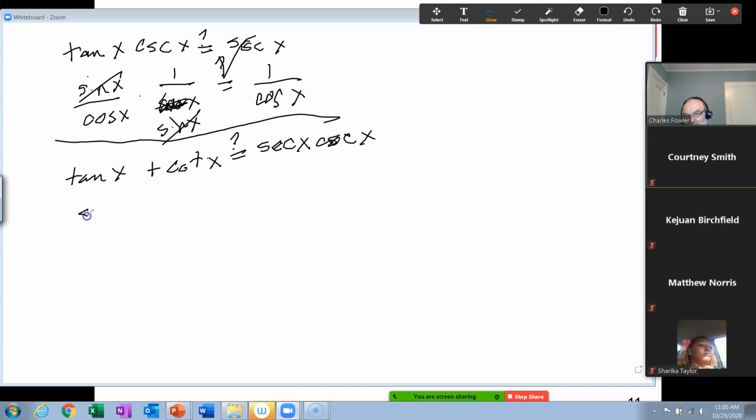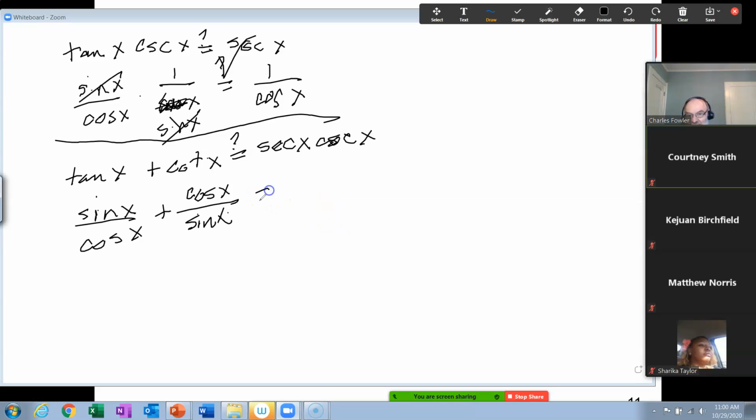Tangent x is sine x over cosine x. That's your quotient identity or ratio identity. Plus, cotangent x is cosine x over sine x. It's just the reciprocal of your tangent. So this one's just the reciprocal of that one.